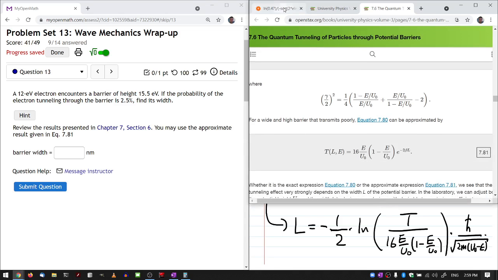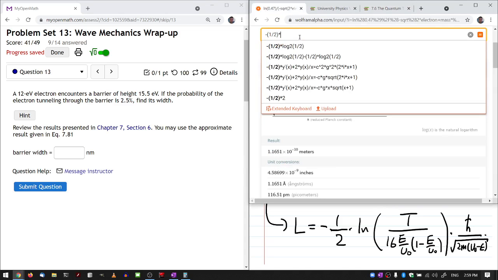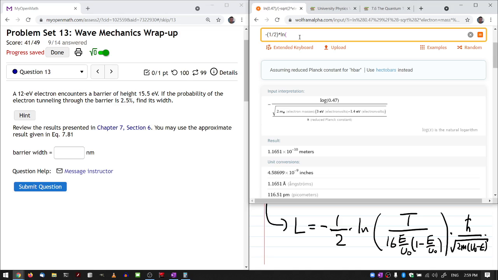So plug in the numbers here. It's going to be minus 1 over 2 times the natural log of T, which is 2.5%, so that should be 0.025, divided by 16 times the incident energy. I'm just going to write it as 12 divided by 15.5 because the electron volt units will cancel out. Times 1 minus, again, 12 divided by 15.5.